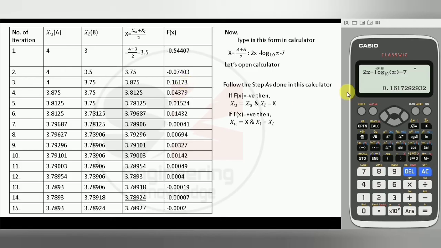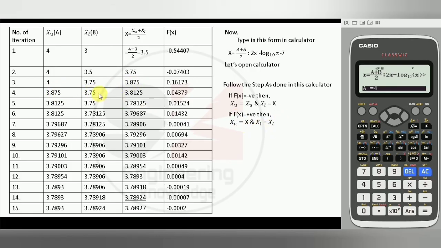Then for the fourth iteration, we can see the value of fx for the third iteration is positive, so this condition applies. If the value of fx is positive, then xu is equal to x, that is this value will change to this value, and the xl remains the same.